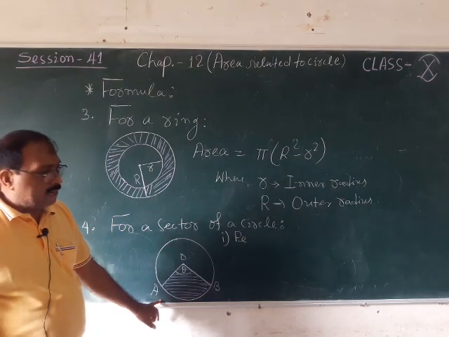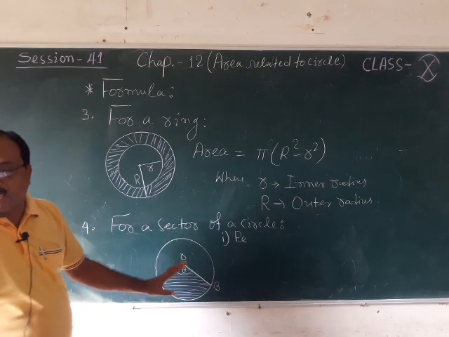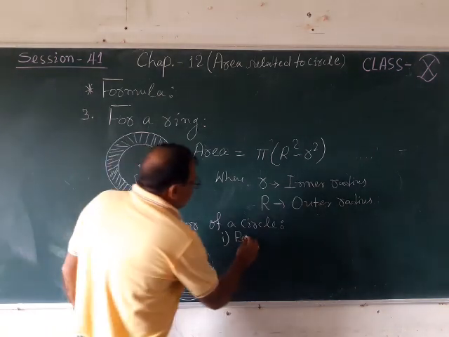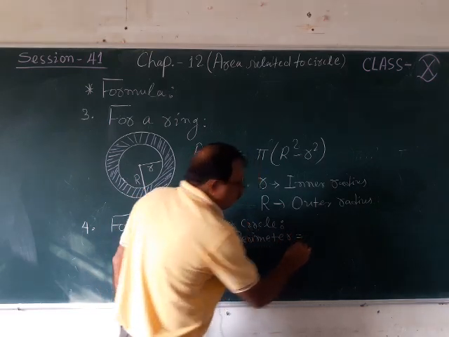That means you are finding its perimeter. So the perimeter of this sector is given by a formula.